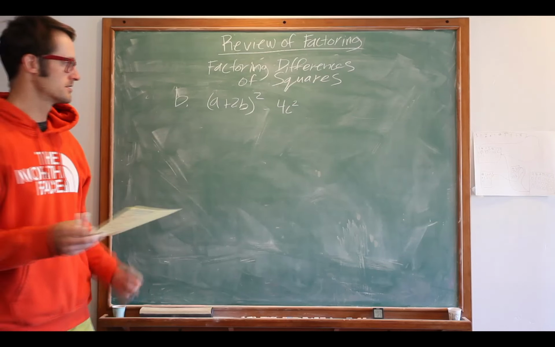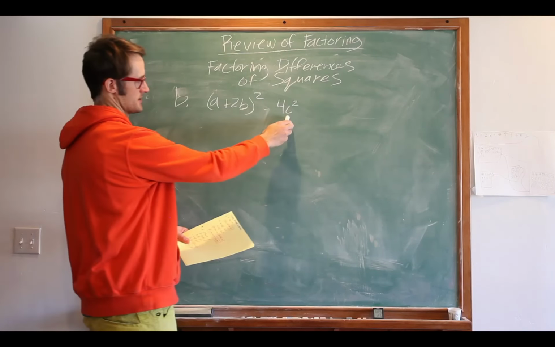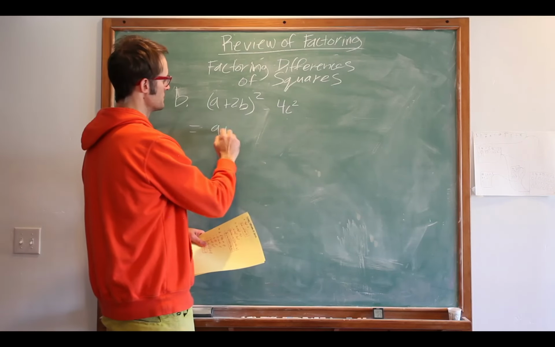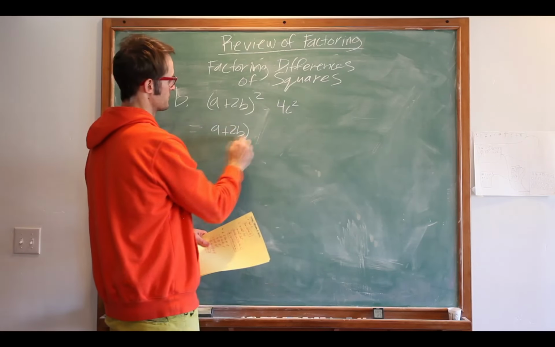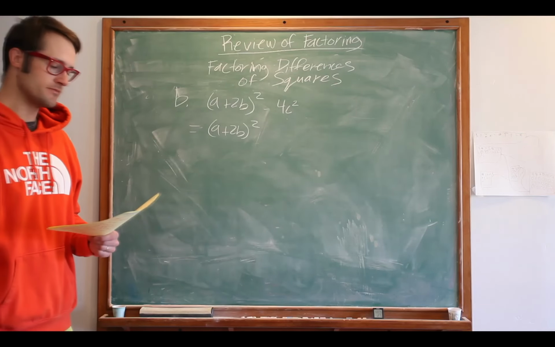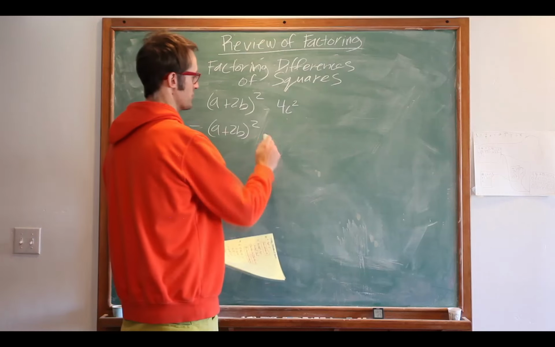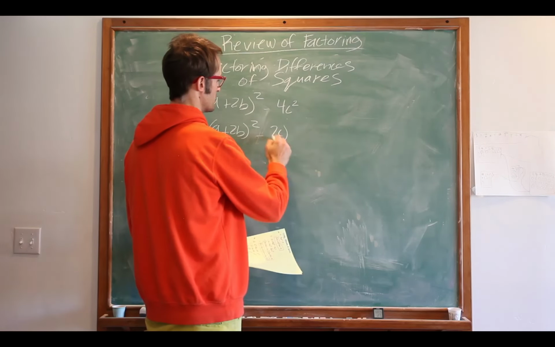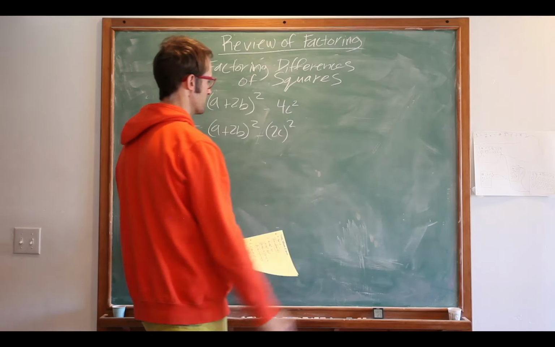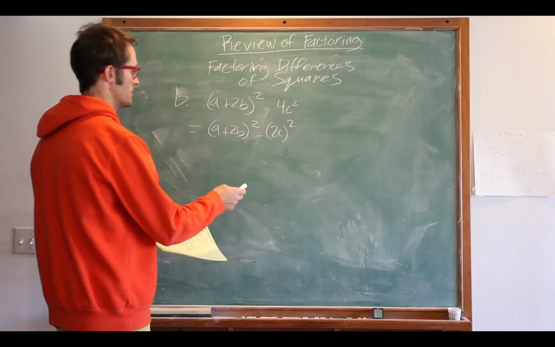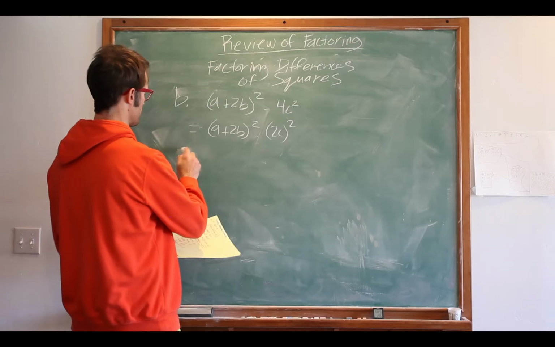But the trick is to see this as a square. So if we rewrite it, a plus 2b squared, keep that the same. And then you can rewrite 4c squared as minus 2c squared. And then you can collect the terms into the difference of squares form.